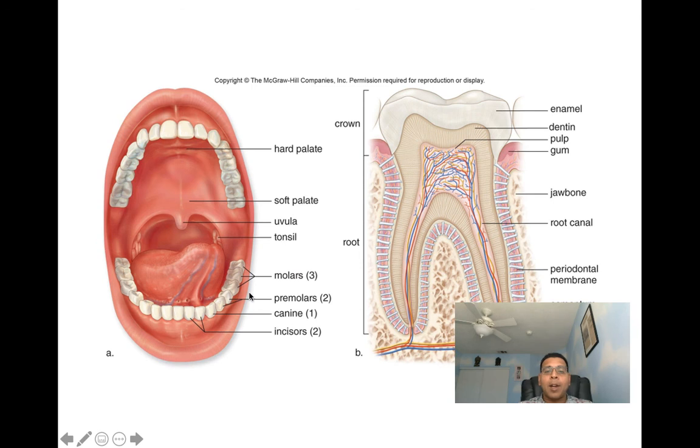And then next we have our 2 premolars, and same thing you're going to have here on the side, 2 premolars. And then in front of those you have your canines, so 1 canine on each side, here 1 canine, and then on this side we have our other canine. And then we can appreciate our 2 incisors, and then on the other side the 2 incisors.